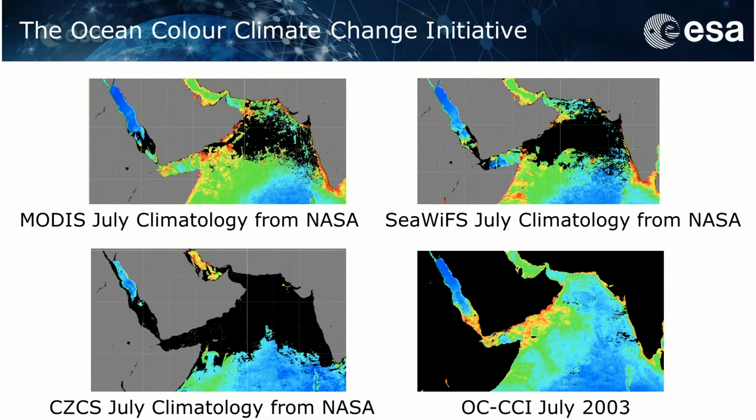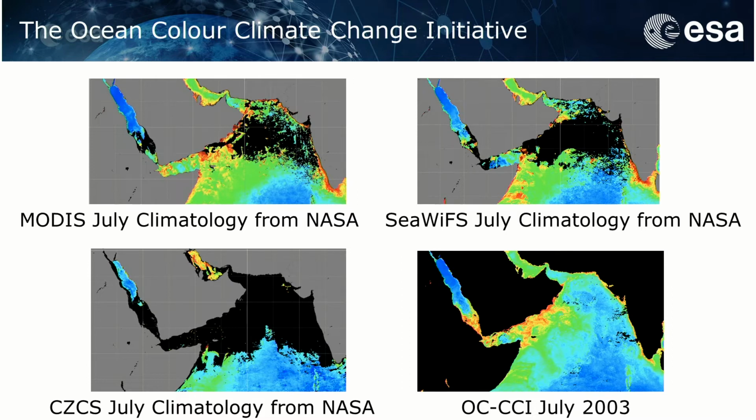So climatology is all the observations over a 10-year period, roughly, of ocean colour. And you can see there are huge gaps, whereas the product coming out of the OC-CCI project fills this gap. This isn't a climatology, this is just a single month in July. So we observed better spatial coverage with this product.